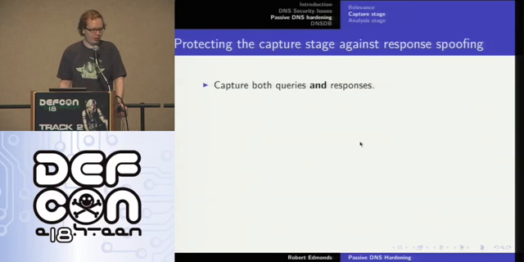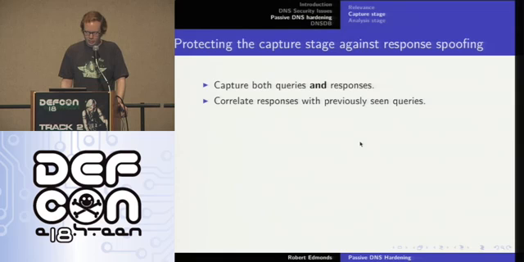Current generations of passive DNS only capture the responses, and they don't have the context or the state that is generated by the actual query that went out. So what we need to do is capture the outgoing queries, correlate them with the responses, and verify that they fit together and form a valid transaction.